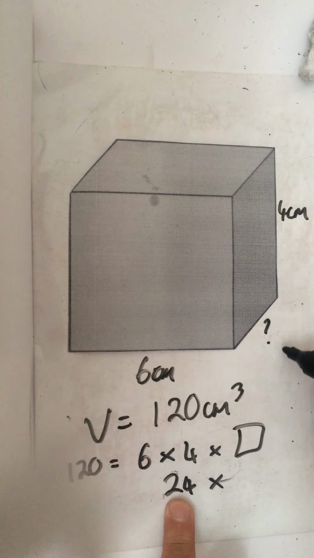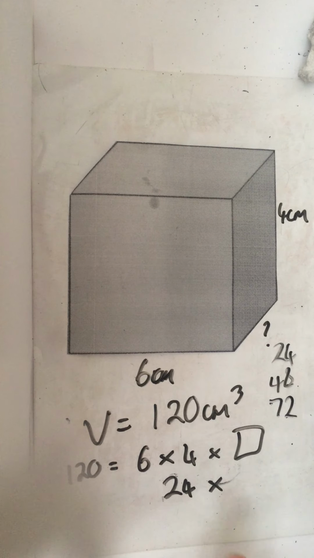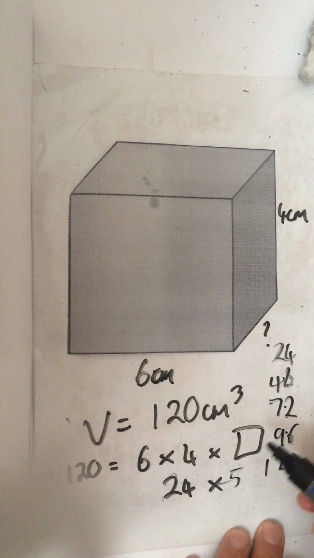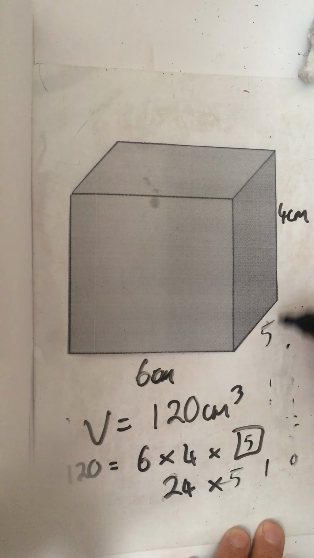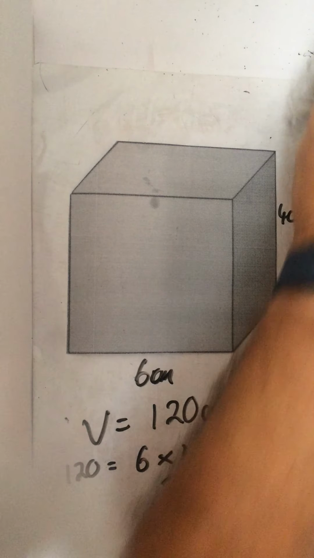If you can't see that straight away, do your 24 times table: 24, 48, 72, 96, 120. So that's 1, 2, 3, 4, 5. So the missing one is 5. Let's just check. 4 times 5 is 20. 20 times 6 is 120. Yes, that's correct.